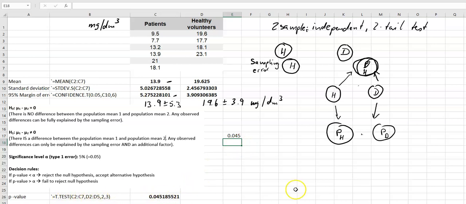Here again is the equation that we can use. And now what does that mean? We are going back to our decision rules and we say, right, the p-value is smaller than our alpha, so 0.045 is smaller than 0.05, and therefore we would reject the null hypothesis and we would accept the alternative hypothesis.